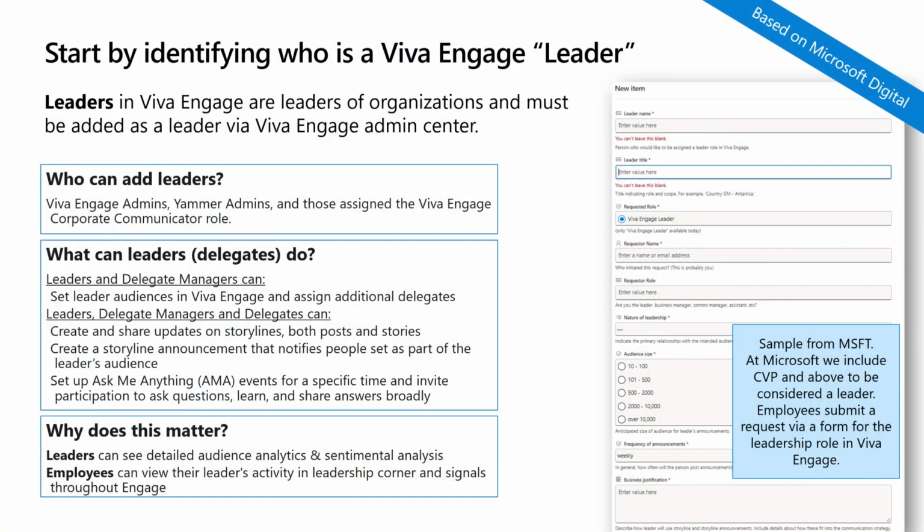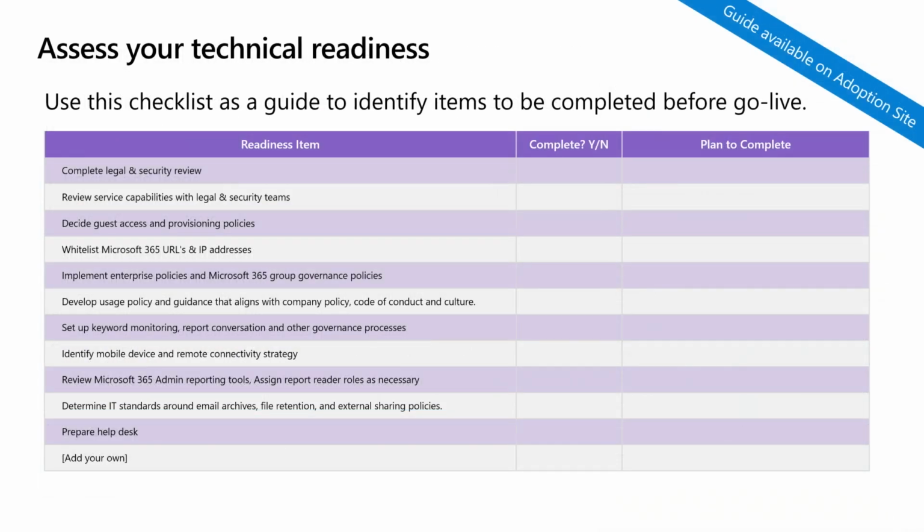And that's worked out pretty well for us. They can host Ask Me Anythings and town halls and things like that. And they usually are the leaders in that rhythm of the business. So you just have to think about what fits for you. And once those leaders are identified, then they can be created by the Corp Comms admin, like I mentioned, or the Viva Engage admins.